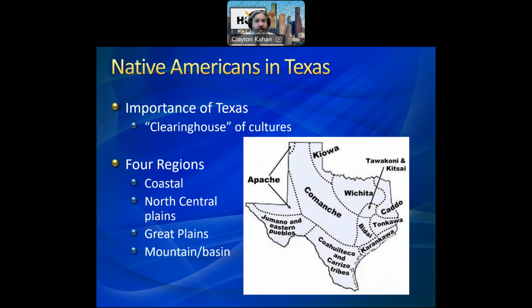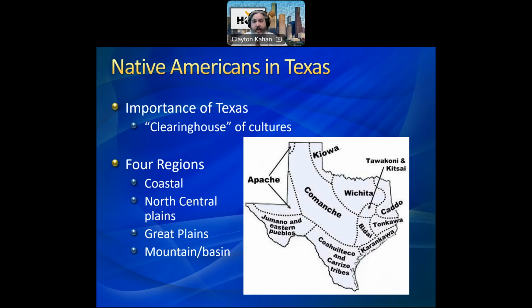And you can see again, there are various groups that are part of this area. The Wichita, the Comanche, to an extent, although the Comanche are probably more Great Plains than North Central Plains, but the Comanche are there. You're going to have a whole bunch of different groups throughout that area.